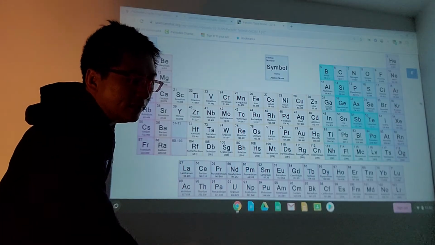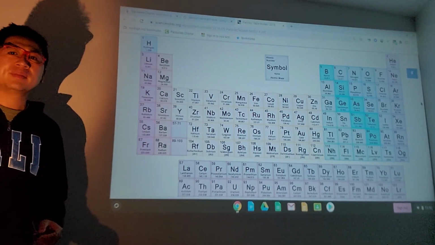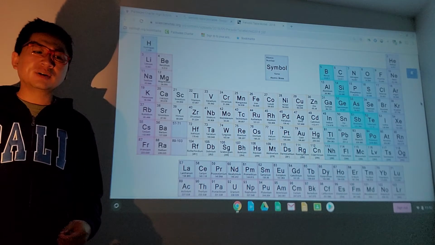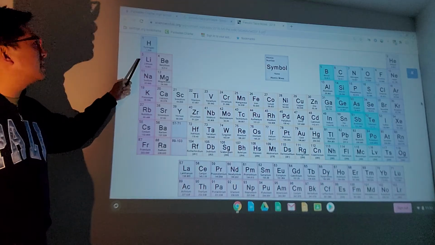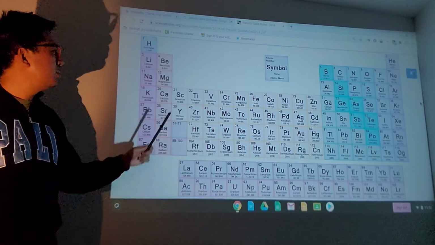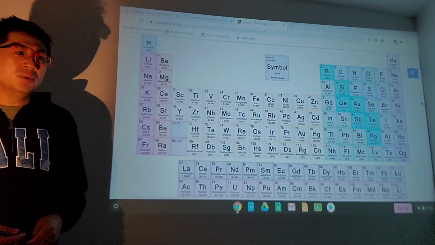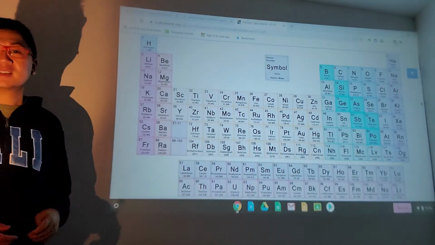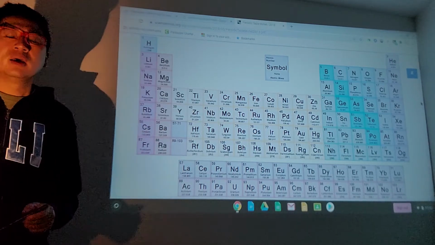Okay, going on. The next element is sodium. Its symbol is Na. And I'm sure some of you wonder, wait a second, sodium, Na, I get lithium, Li, hydrogen, H, but how in the world is sodium Na? Shouldn't it be So, Sd, S anything? Where in the world did the symbol Na come from?